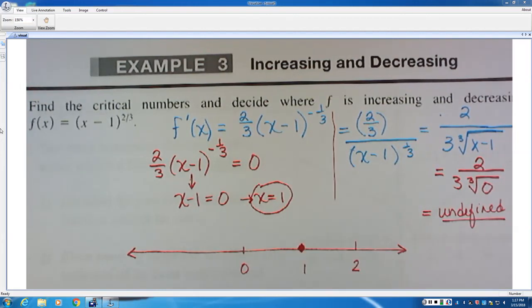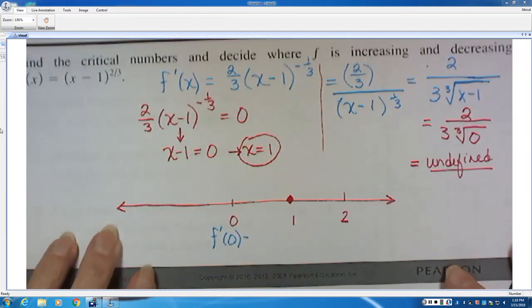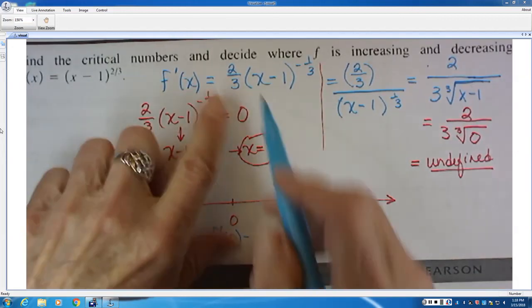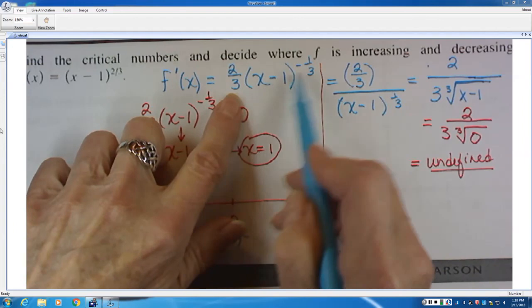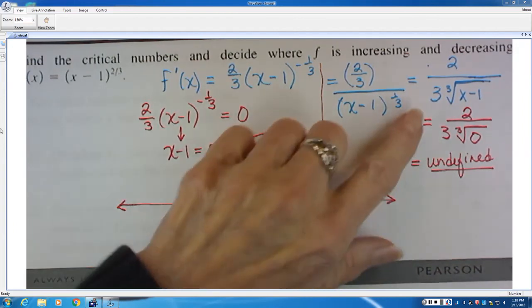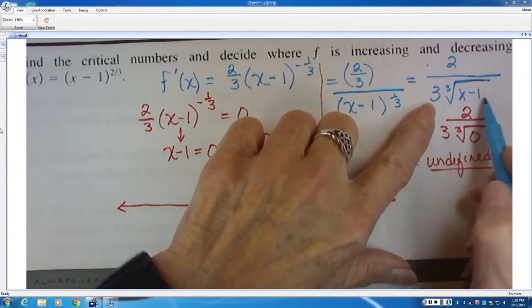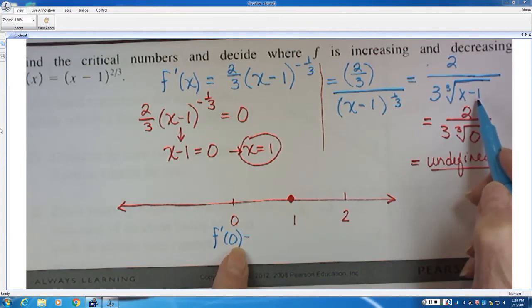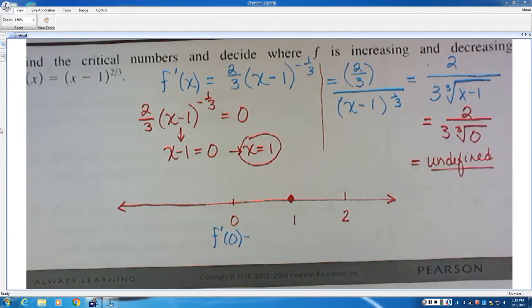So I need to test f prime of 0, because that's the easiest one to test. So 2/3 of negative 1 to the negative 1/3 power, or 2 over 3 times the cube root of negative 1. What's the cube root of negative 1? That's the value of 1?